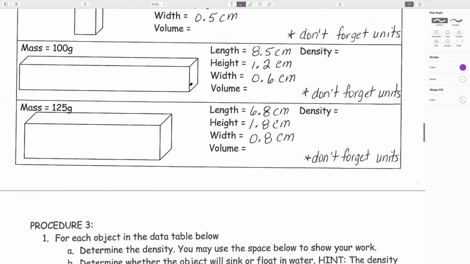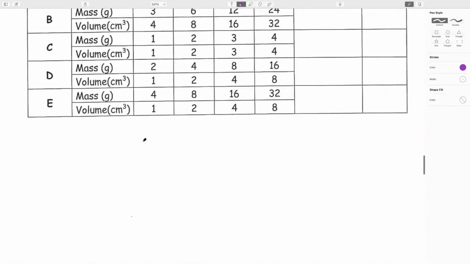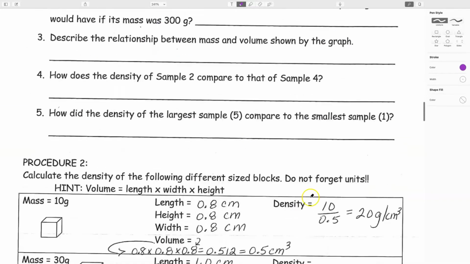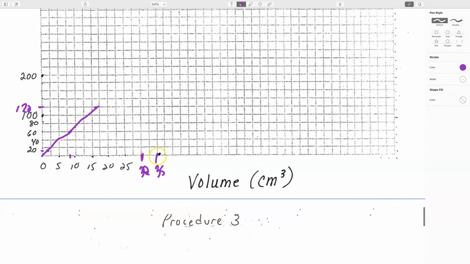Once you complete that graph and you connected all your points, you're supposed to use what they're asking you to do. If I scroll back to that question and reread it one more time, it says you have a volume of 75. What is the mass? So you go to your graph and go over to a volume of 75. So this is 35, this would be 40, 45, 50, 55, 60, 65, 70, and I think it said 75.